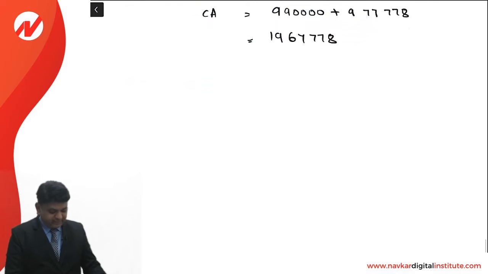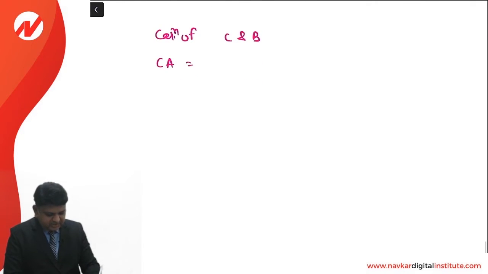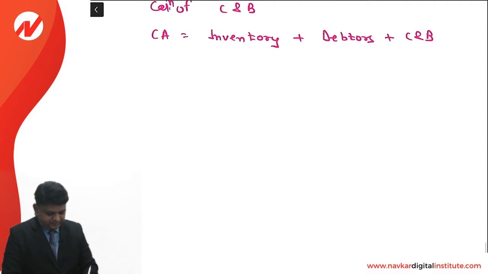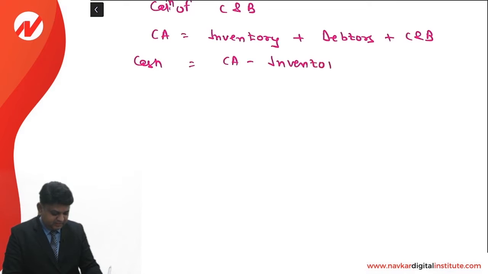Okay. Now calculation of the cash in bank. Current assets is equal to inventory, that is stock, plus debtors, accounts receivable, plus cash and bank. So the cash will be calculated as current assets minus inventory minus debtors.